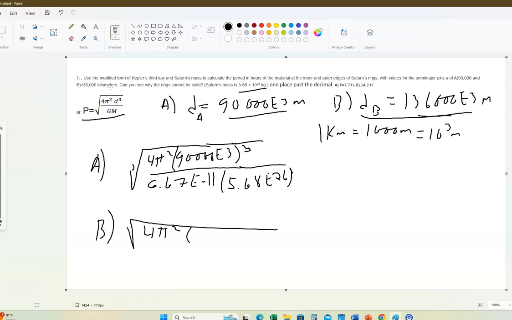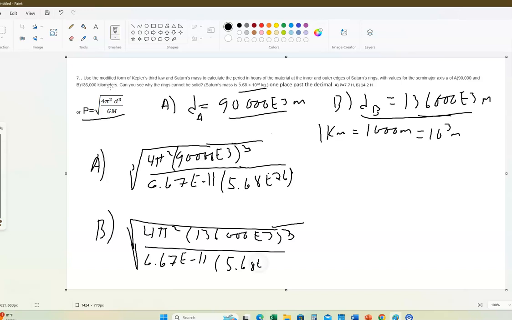The outer ring is 136,000, and then I can put 3 more zeros, or 10 to the third, and I've got to cube that, raised to the third, divided by 6.67 times 10 to the minus 11th, and then times the mass of Saturn, which is 5.68 times 10 to the 26th. So we'll do both of these in our calculator.